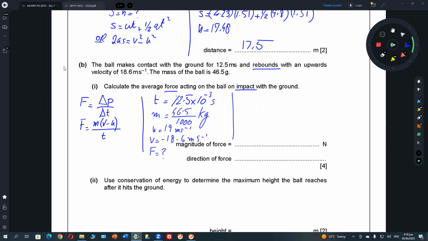It's a rebound. Ball drop and rebound: if the drop velocity is positive, the rebound velocity would be negative, a change in direction. So first we'll take minus 18.6 and then subtract 19. The first velocity should conventionally be taken as positive.